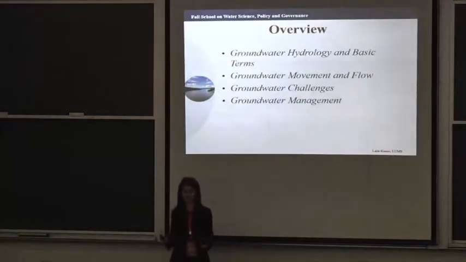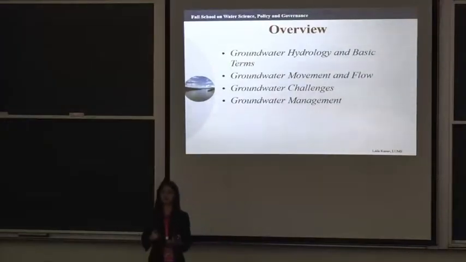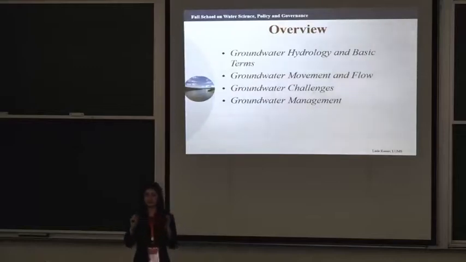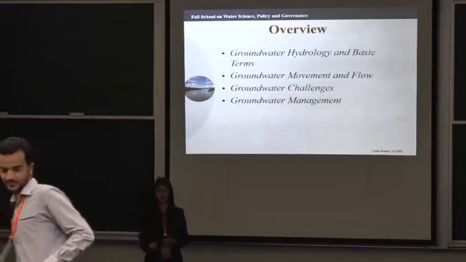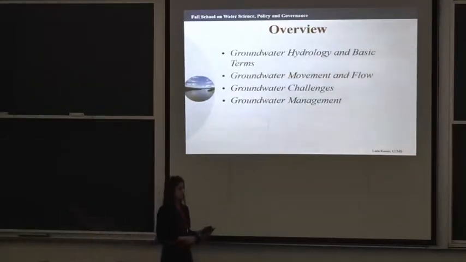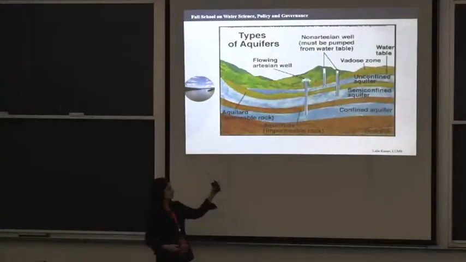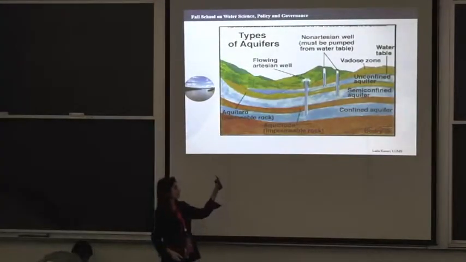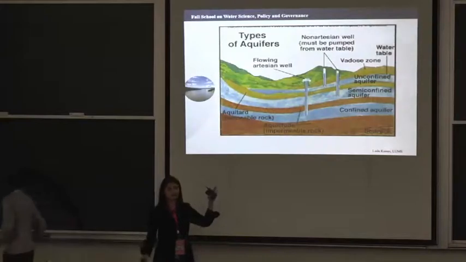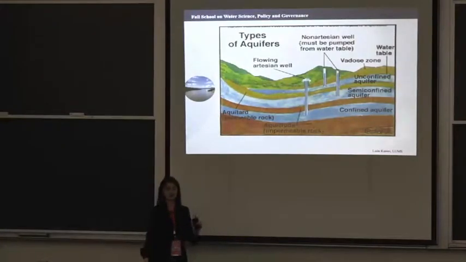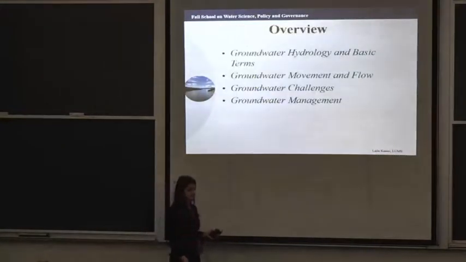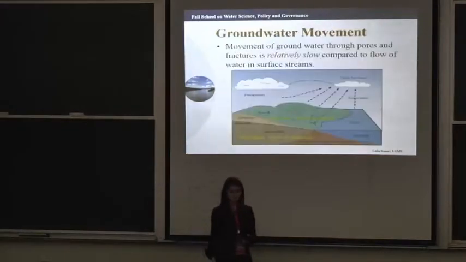So the terms aquifer, aquitard, porosity, and permeability, you should have an understanding of. When you are supposed to do a model, you must have a conceptual understanding of whether the aquifer that you are going to model is confined or unconfined.